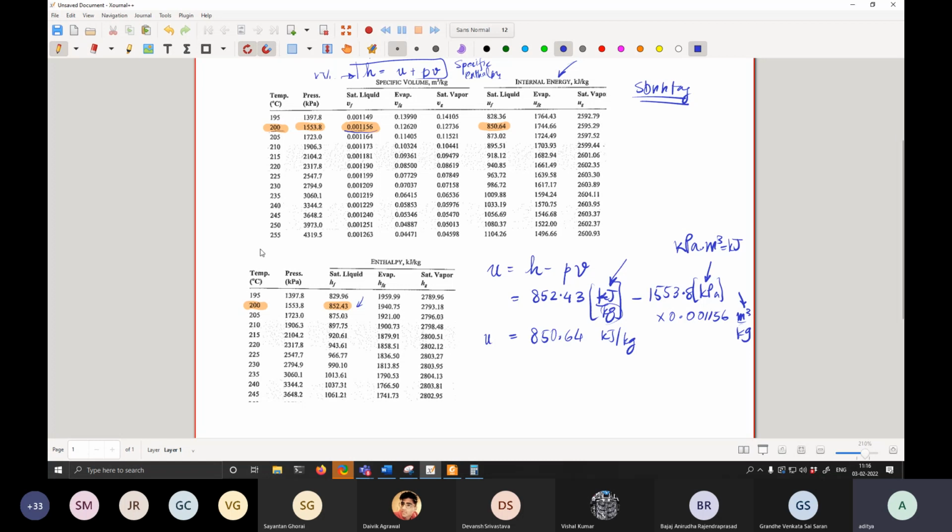But for all the problems that we're going to do, because it's from Sontag, which is a very standardized steam table with appendix B, we don't need to worry about it all that much. And similarly, I have shown you data points in the saturated dome.